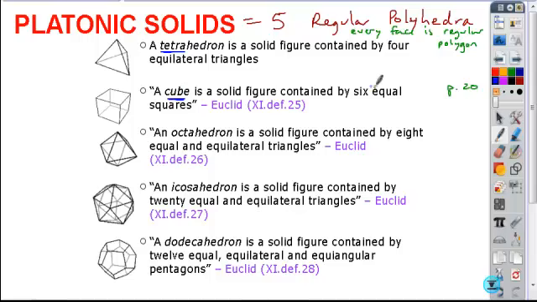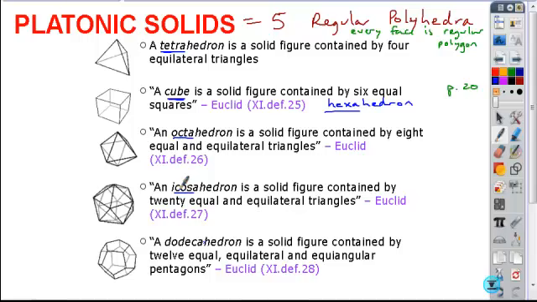This is also, if we were counting by the number of sides, a hexahedron, where hexa is our 6, because there's 6 total faces, 6 congruent squares. An octahedron has 8 equilateral triangles that enclose a space. An icosahedron has 20 equilateral triangles that enclose a space.